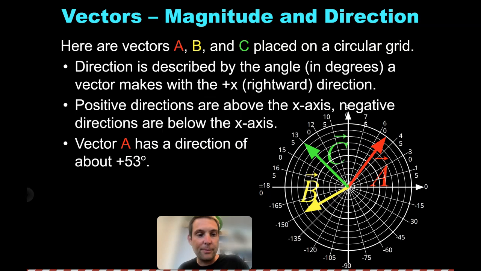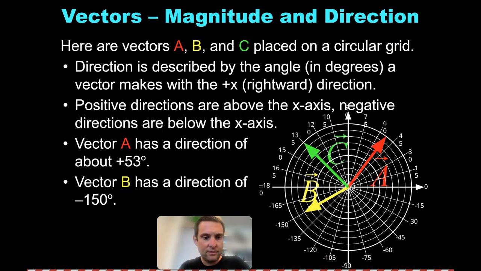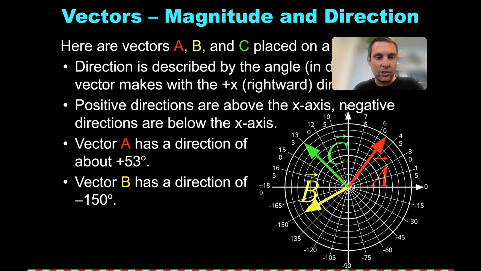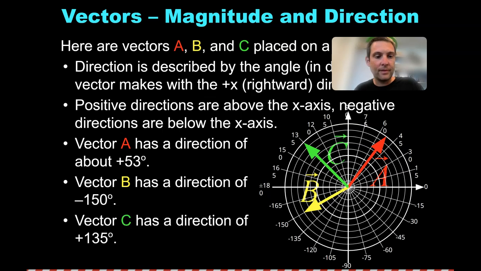Vector A has a direction of about 53 degrees, and vector B has a direction of negative 150 degrees. That negative is important because it tells us exactly what direction we're pointing. Vector C has a direction of 135 degrees.